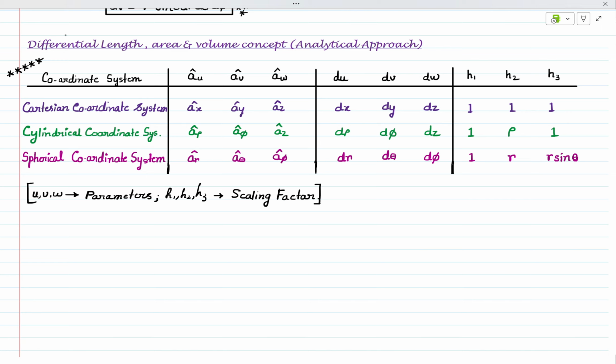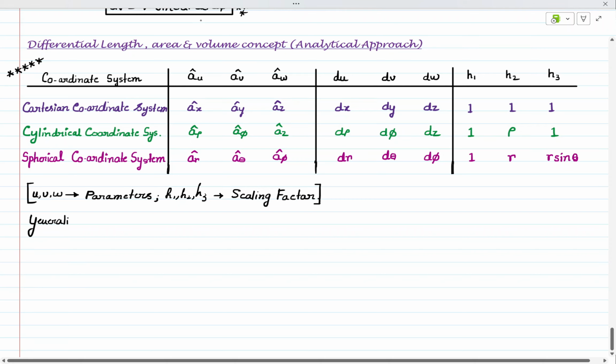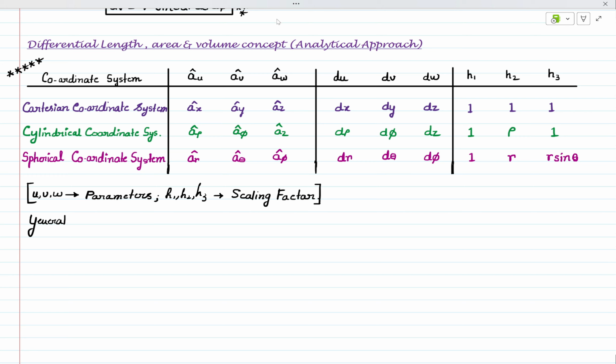Now I will write the differential length formula. That is nothing but the generalized formula. Just a minute. My machine is hanging.